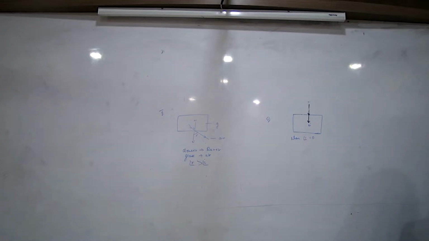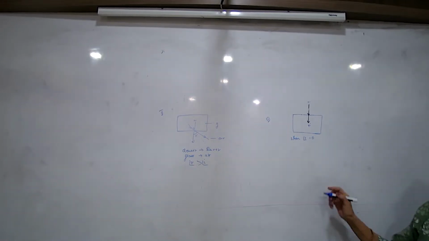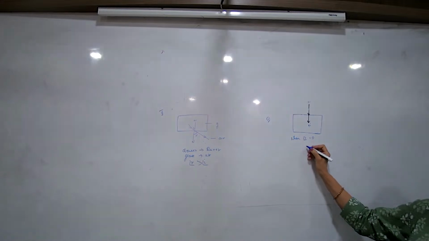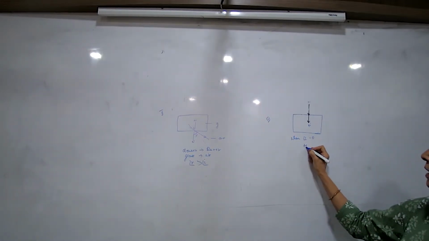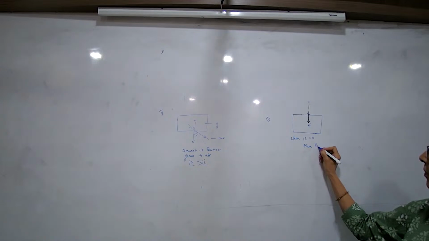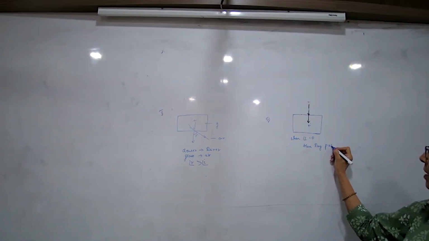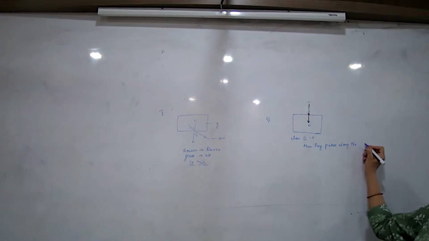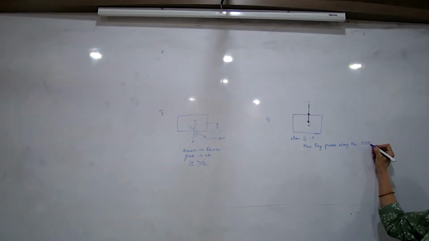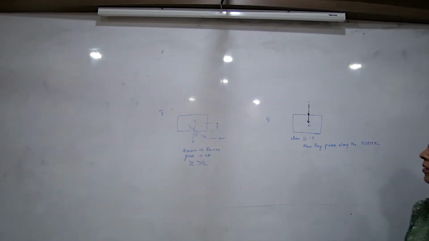What happens if it is 60? What happens if it is 0? Then R is equal to what? Then obviously there is no refraction taking place. Then the ray passes along the normal. Obviously angle R is also 0.